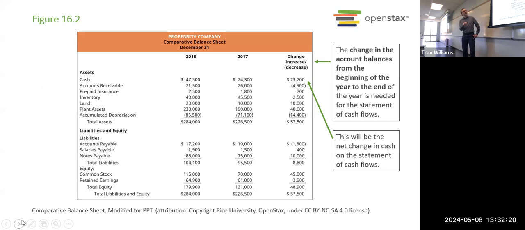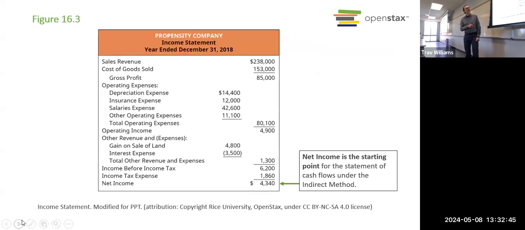And if we look at 2 years, end of 2017 and end of 2018, we can see cash changed by this much, 23,200. So our statement of cash flows should show for that year, we had $23,200 of net cash flow. It should match the balance sheet. On the income statement, again, we start with net income, right? To create our operating cash flow.